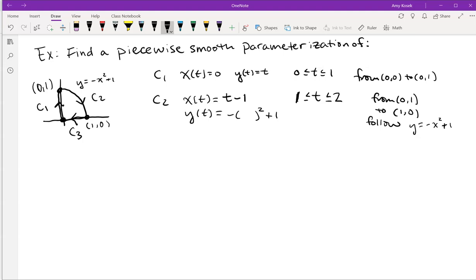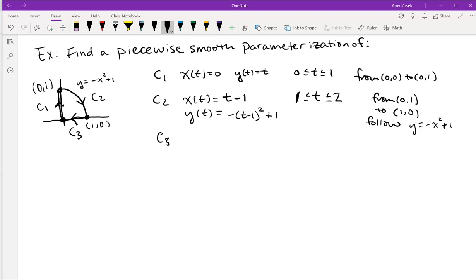Then if I let t go up to 2, by the time I hit 2, x of t will end at 1. So x is going to increase from 0 up to 1, and then to make the y coordinates follow that parabolic path, we just plug in whatever we let x be. So y of t is just going to be negative the quantity t minus 1 squared plus 1.